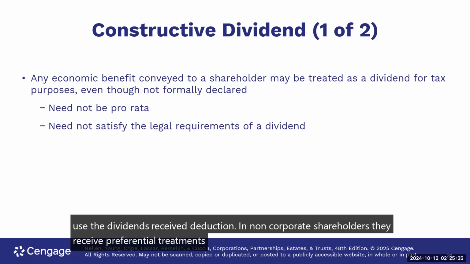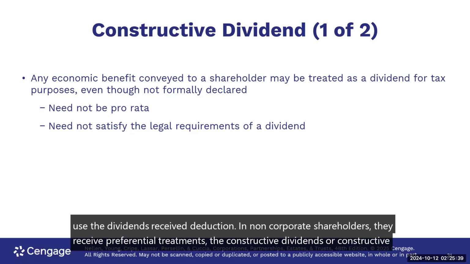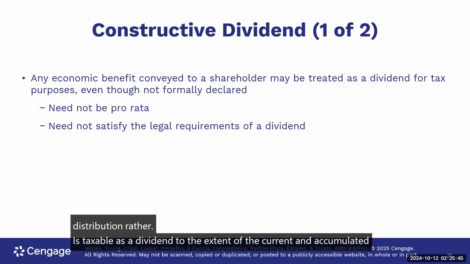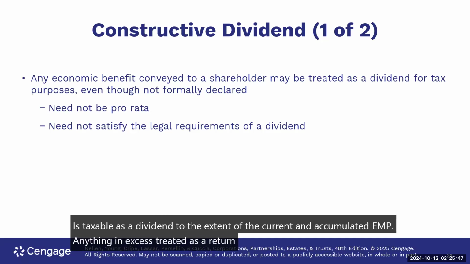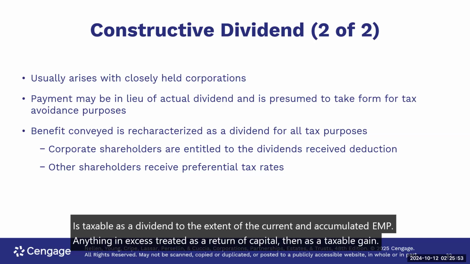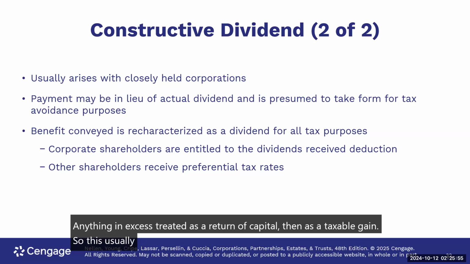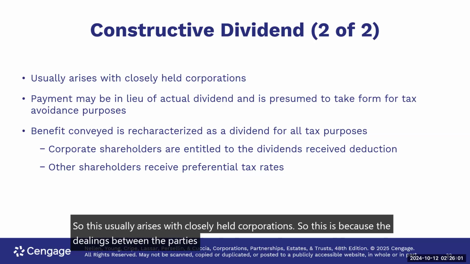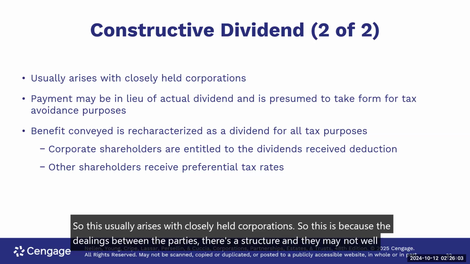The constructive dividend, or constructive distribution rather, is taxable as a dividend to the extent of the current and accumulated E&P. Anything in excess is treated as a return of capital, then as a taxable gain. So this usually arises with closely held corporations. This is because the dealings between the parties are structured informally and may not be well documented.